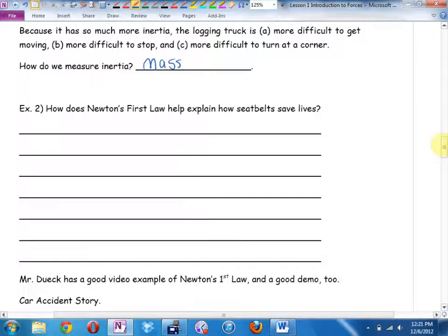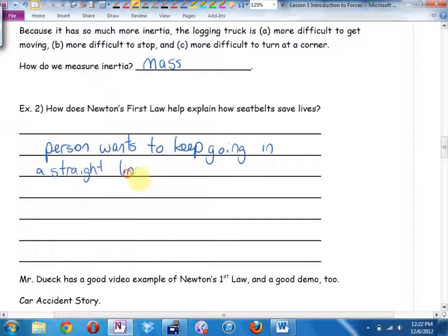How does Newton's first law explain how seatbelts save lives? A person wants to keep going in a straight line at a constant speed.